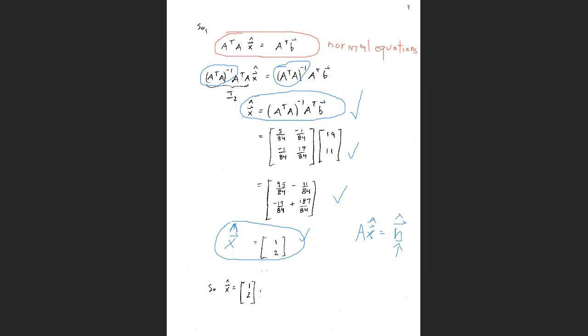All right. Well, if you're good with that, then let's finish up the problem. So we found the least squares solution, and now we want to determine the least squares error for the least squares solution.